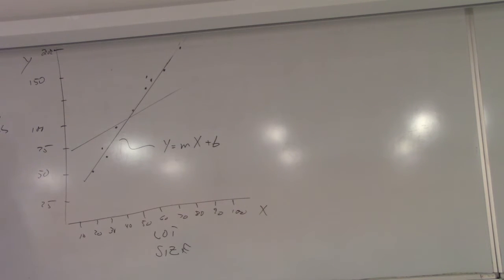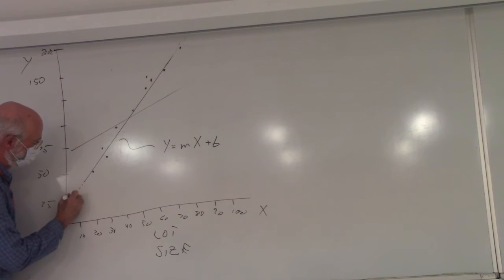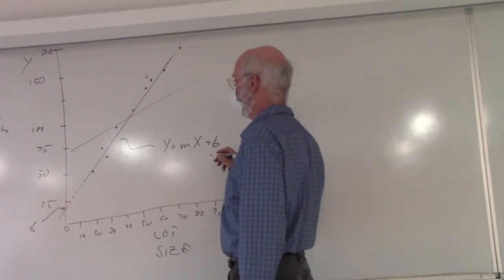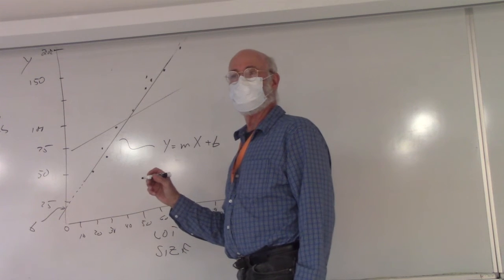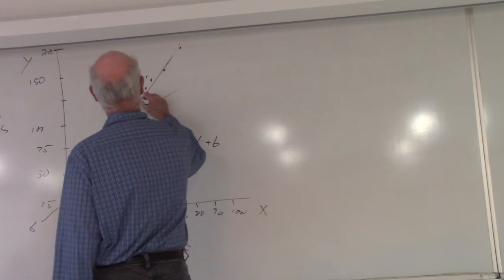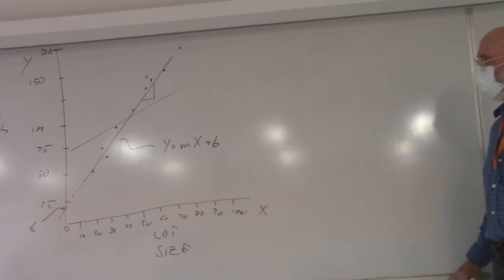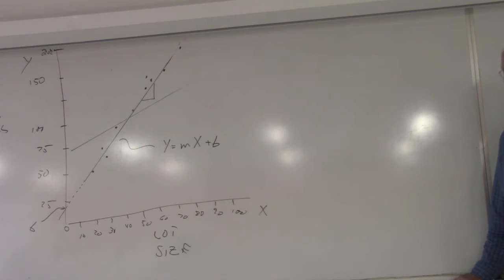On the graph, where is b? There's b right there. If that's 0, then that's b. All right. Okay? What's m? Slope. It's that thing. Rise over run. Okay? So that's the equation of a line.